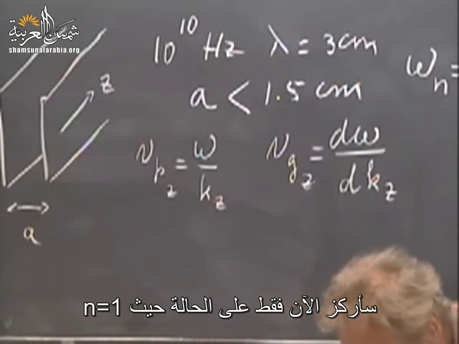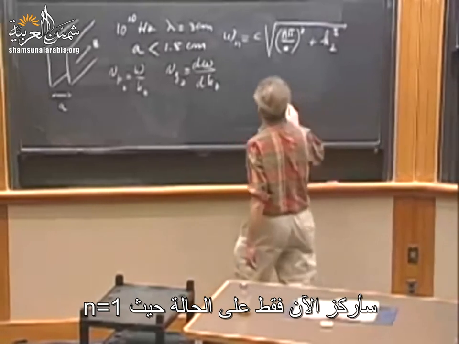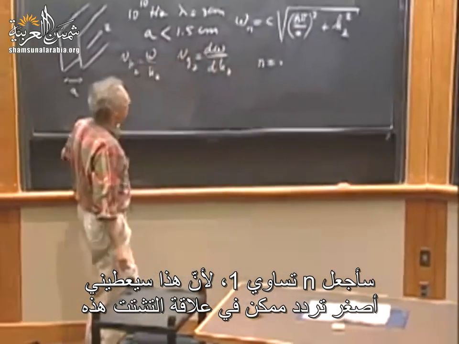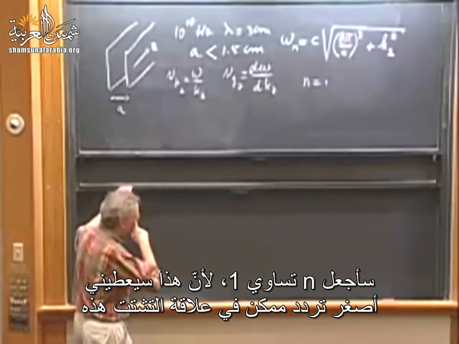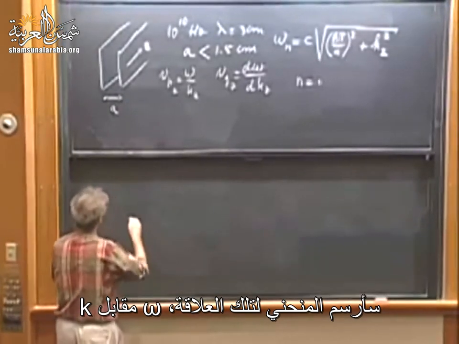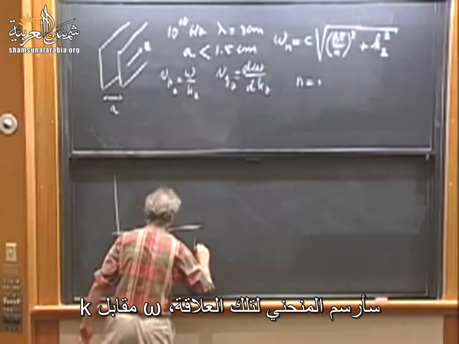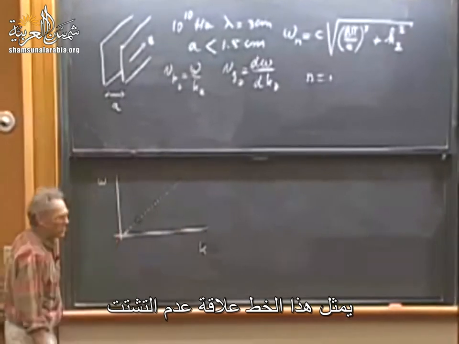I will concentrate now only on the case that n equals 1. So I make this a 1 because that gives me the lowest frequency possible in this dispersion relation. And I'm now going to graph that thing, omega versus k. This is non-dispersion.